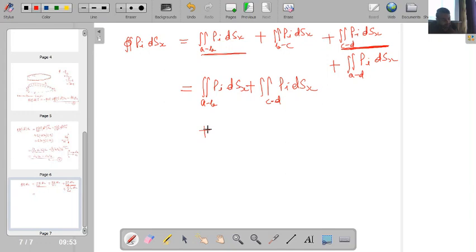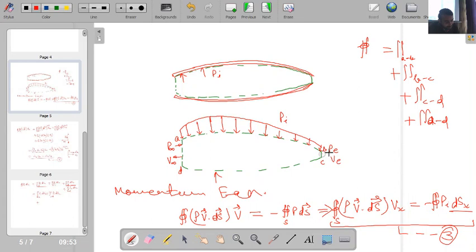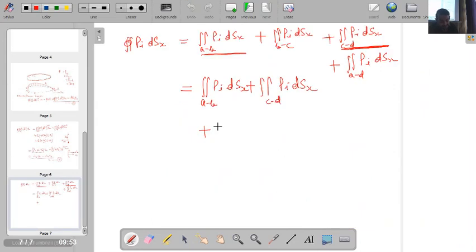Then I have the B to C term. At the B to C face, the pressure PE acts like this, and the outward normal vector AE is moving in the negative x direction. Pressure throughout is constant, so I can take it outside the integration, which becomes PE, and the integral of ds x for B to C becomes minus AE.